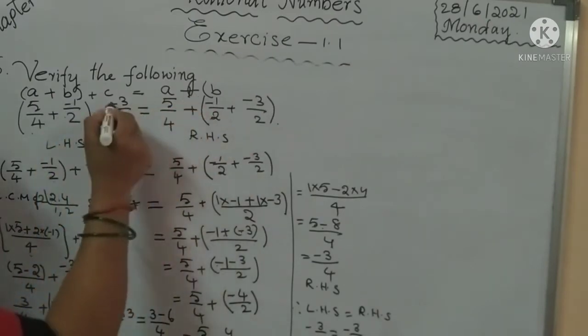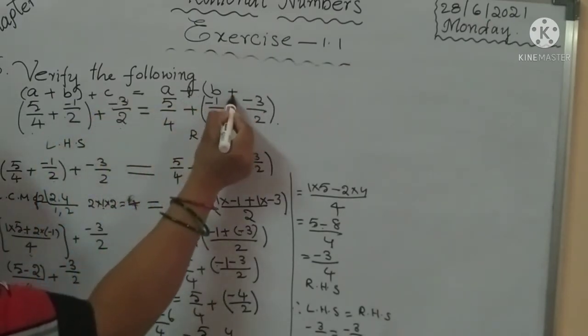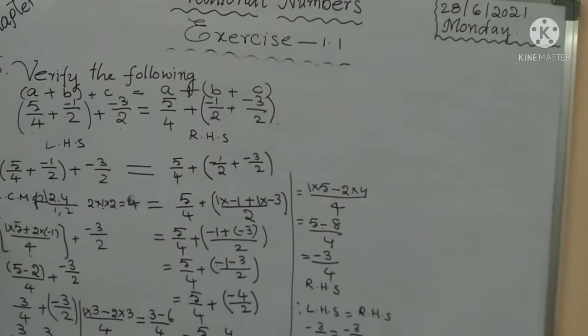Minus 1 by 2, sorry, minus 3 by 2 is C. So what we observe, children, is that A plus B plus C is equal to A plus B plus C.